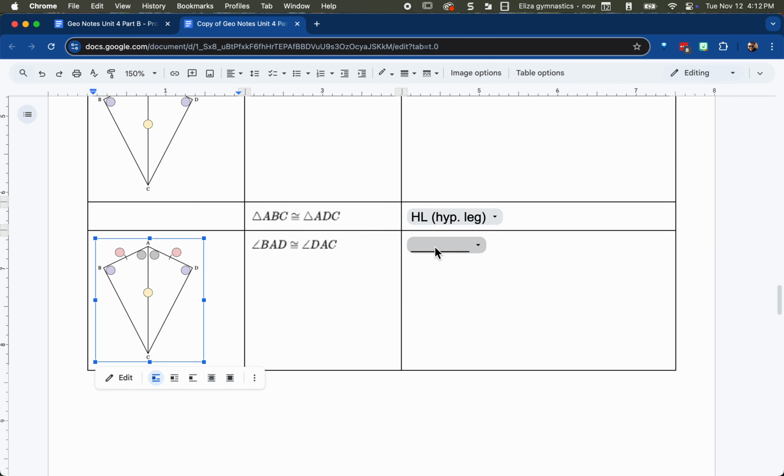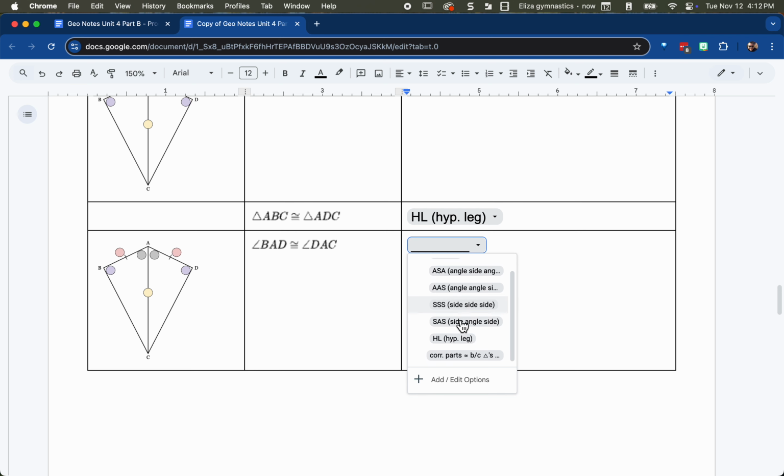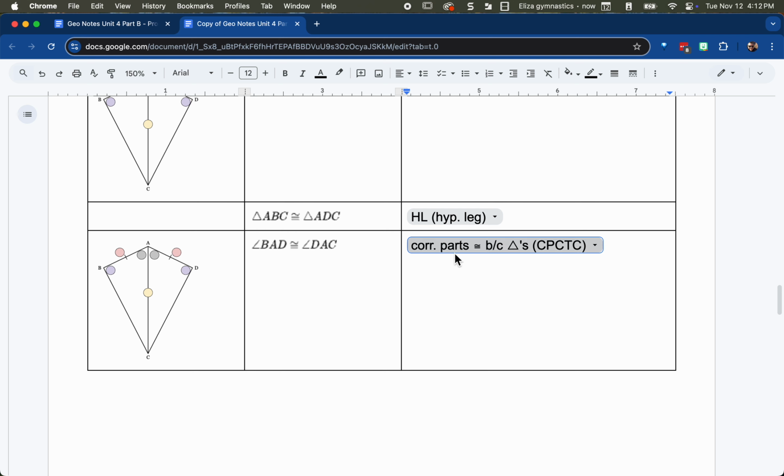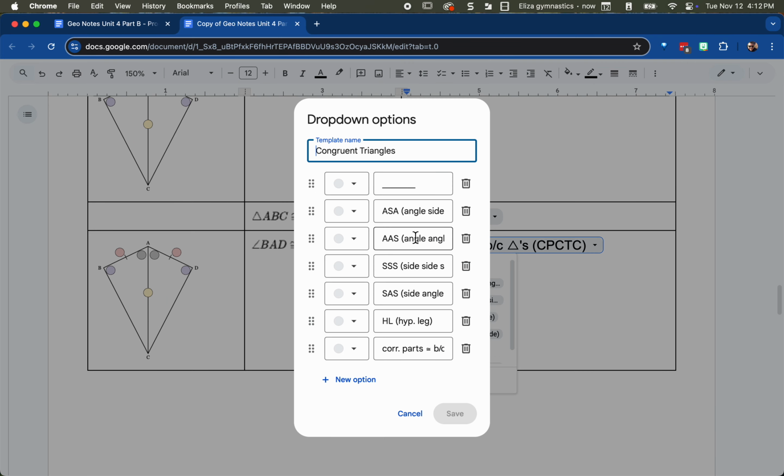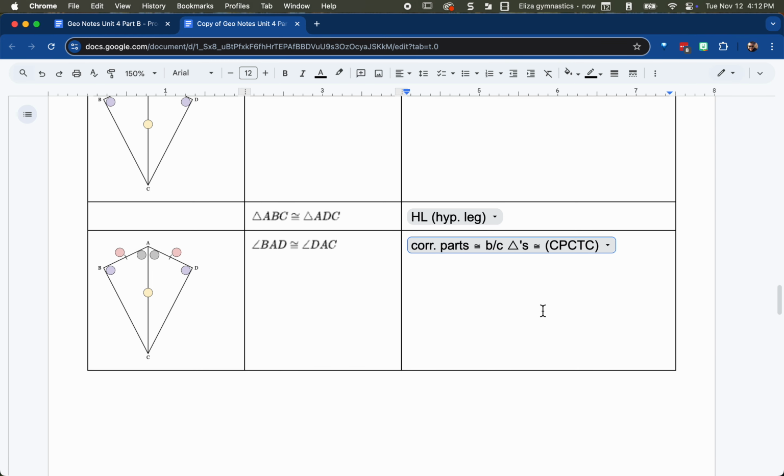And that's true because of that long phrase, corresponding parts are congruent because triangles are congruent. I'm going to make a little bit of a change here. Those are congruent because triangles are congruent. There we go. And we'll save that up for all of these things. Corresponding parts congruent because triangles are congruent.